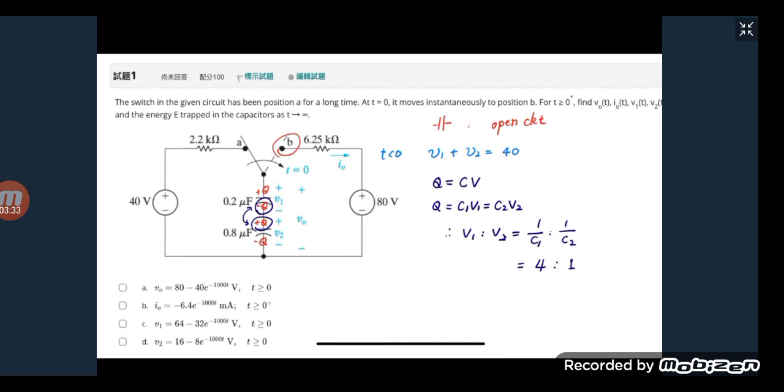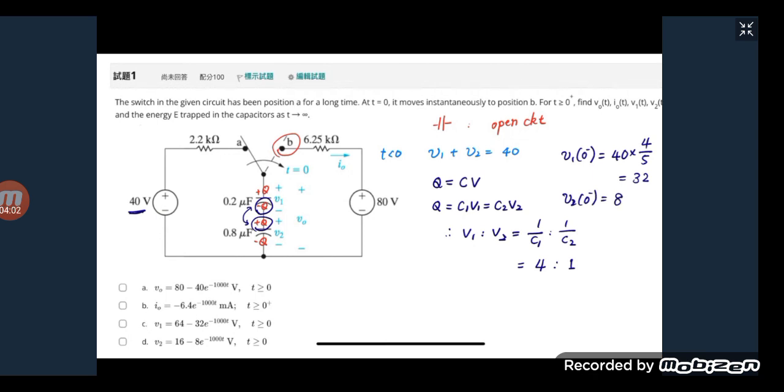So we can see that the overall voltage is 40. So we see that V1 at 0 minus is 32, and V2 is 8.